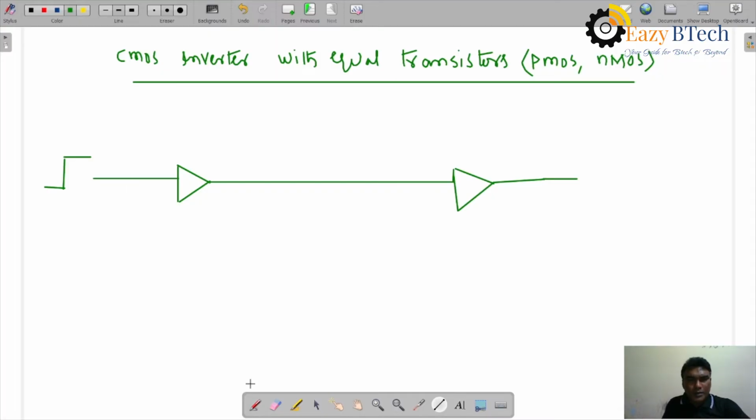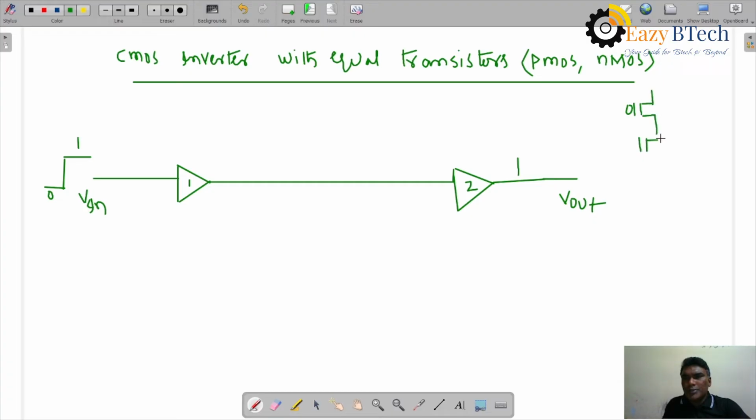We are applying inverter 1, inverter 2. So if you apply 0 to 1, this is V in and this is V out, right? Whenever NMOS and PMOS are equal.